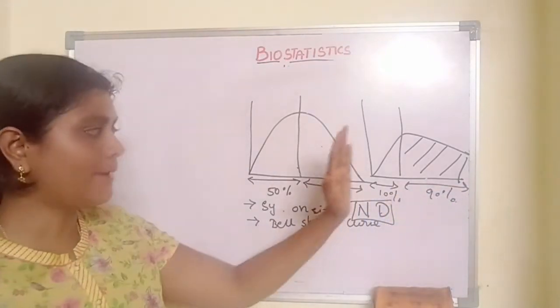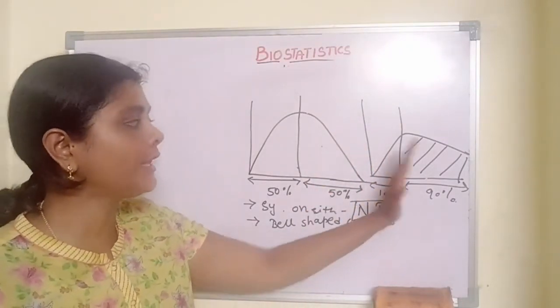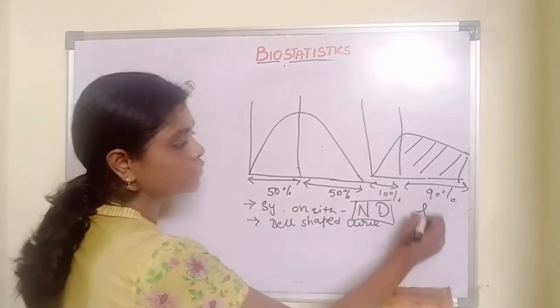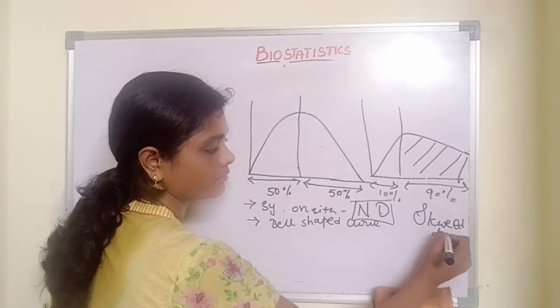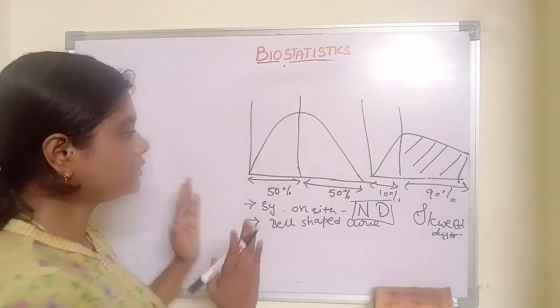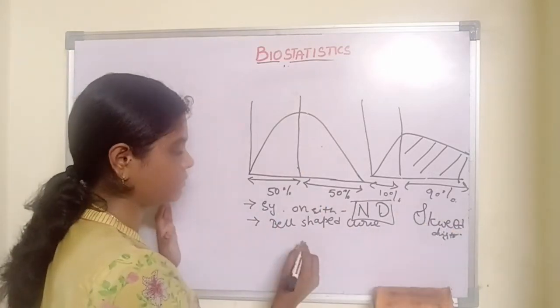This abnormal, asymmetrical distribution of the data on either side of the center is known as skew distribution. So there are two types of distribution: normal distribution and skew distribution.